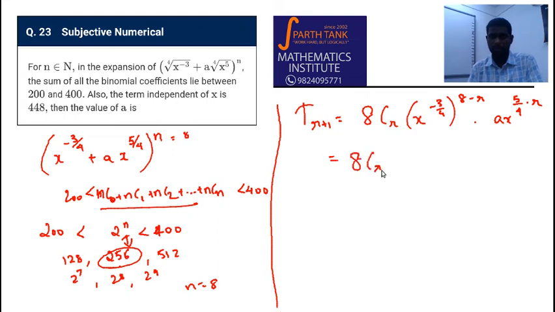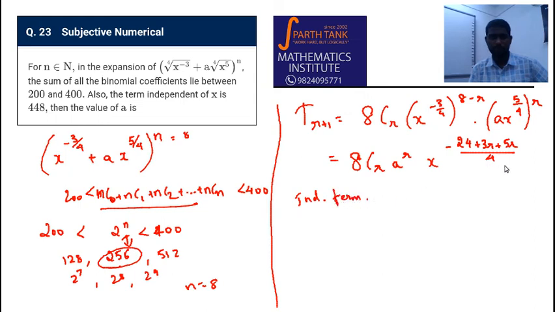So this is 8Cr times A to the power r and then x to the power, if I retain the whole thing with the denominator 4, minus 24 plus 3r plus 5r upon 4.